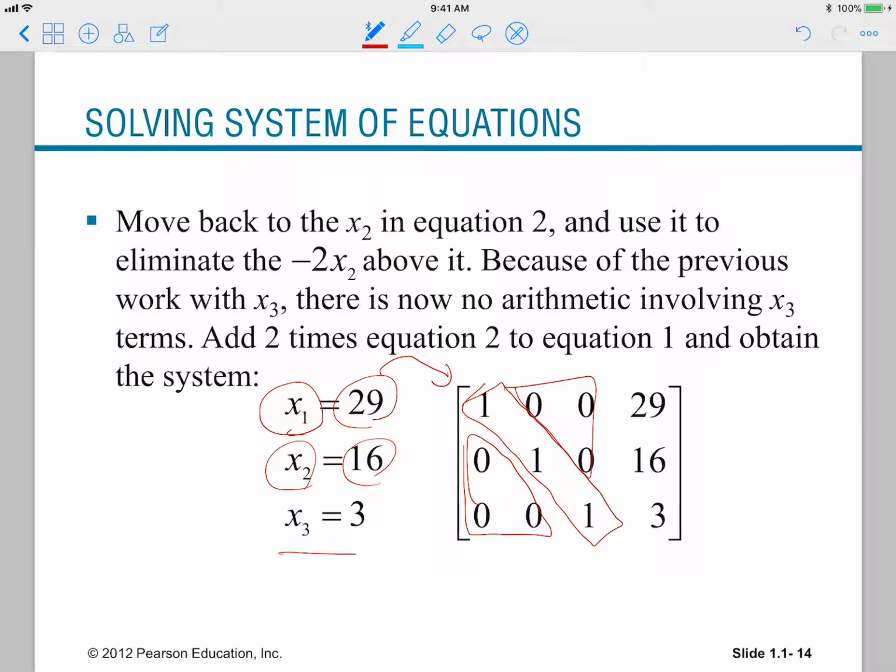So basically our solution can be viewed as this augmented matrix, which has the diagonal elements as 1s, and all the other elements as 0. So this will give us the solution directly.